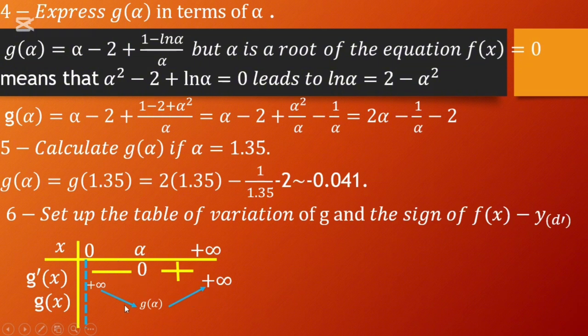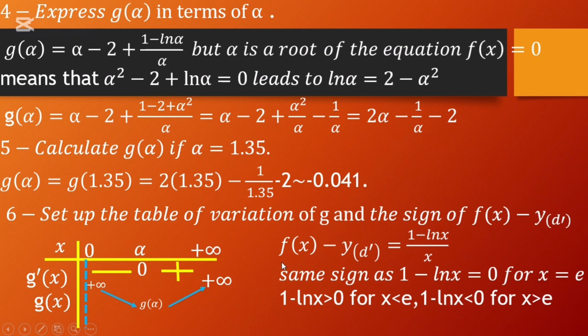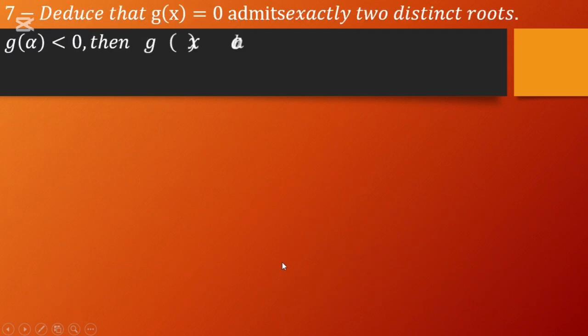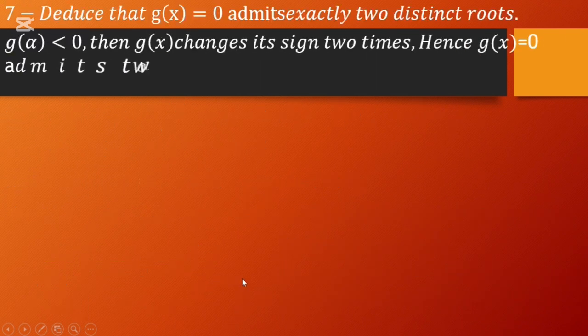Then g of x admits two roots, one between 0 and alpha and the other between alpha and plus infinity. G of alpha negative, then g of x changes its sign 2 times, hence g of x equals 0 admits two distinct roots.